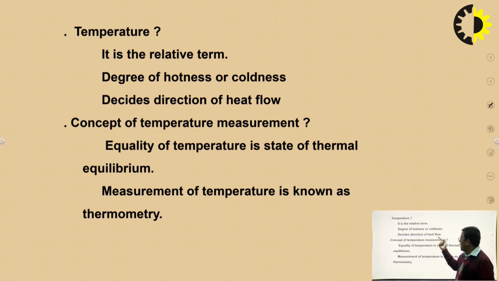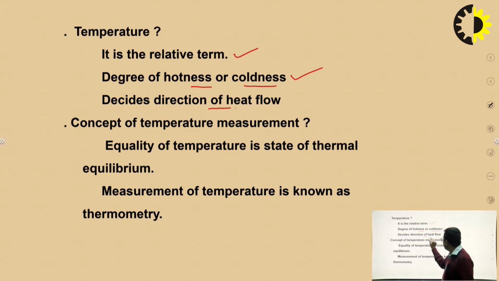Temperature is a relative term which measures the degree of hotness or coldness. This is known from the 9th class onwards. And this relative term decides the direction of heat flow.